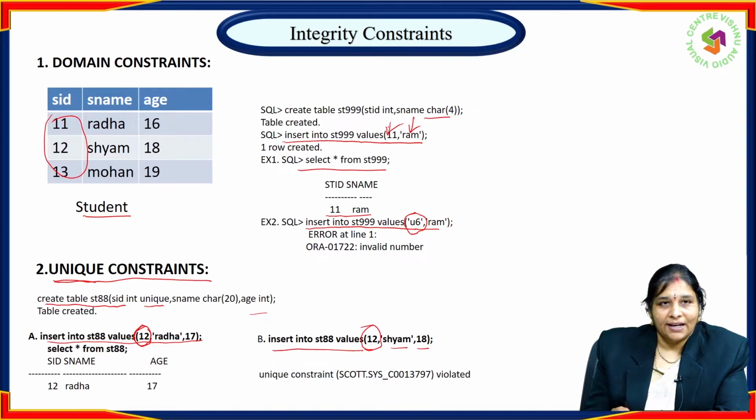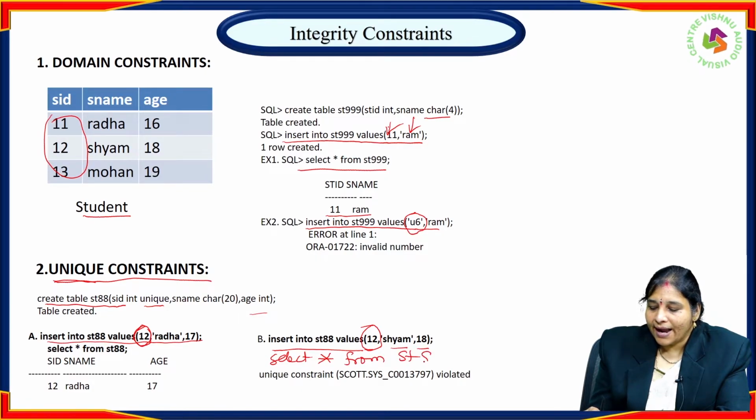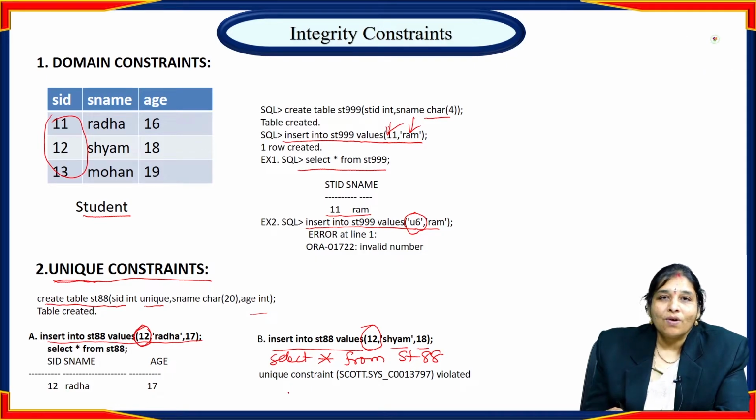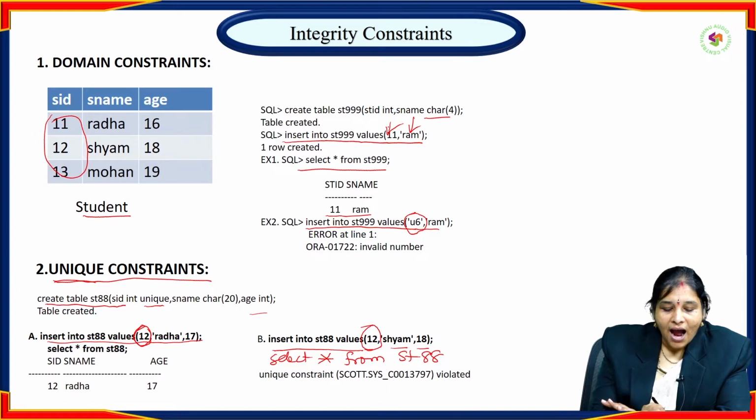So we will check it. When I executed select star from student 88, what I am supposed to get is that it should not allow duplicate values for student ID. So I got unique constraint violated. And the reason is I declared student ID int and unique.